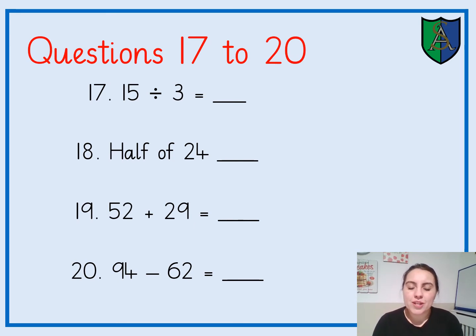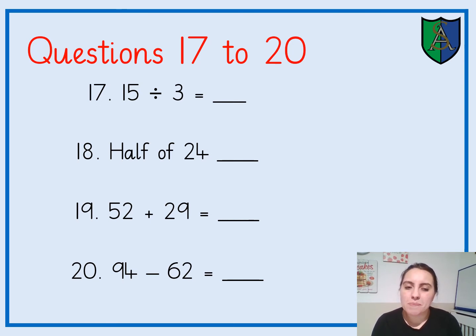Now we're going to look at questions 17 through to 20. This is your final 4 questions. Question 17 is 15, 3, something. Question 17 is 15, 3, something. Question 18, you're going to tell me what half of 24 is.